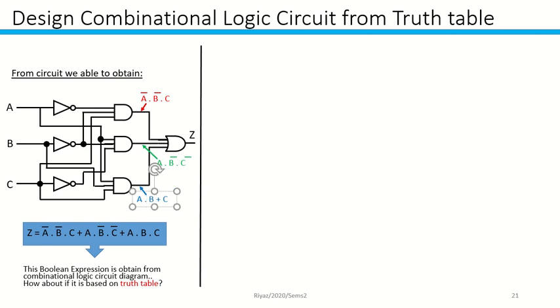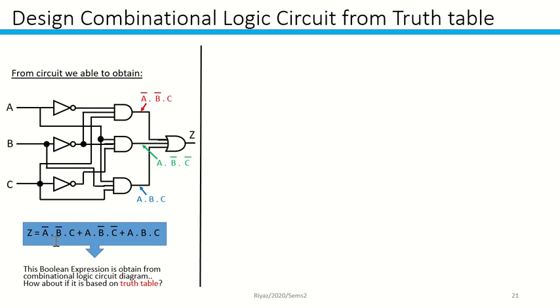I'm sorry, my mistake. So it becomes A bar dot B bar dot C. This one becomes A dot B bar dot C bar, and A dot B dot C. So when you have all of these over here, you're going to combine everything with addition.